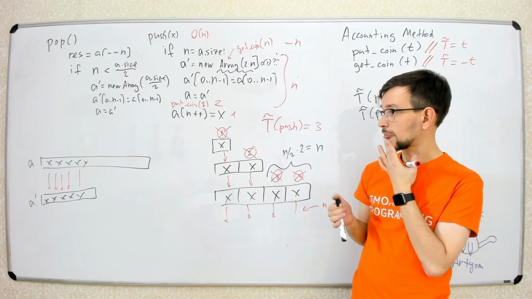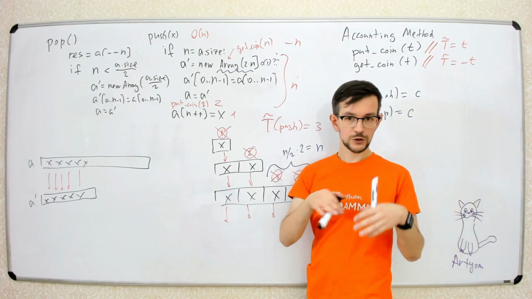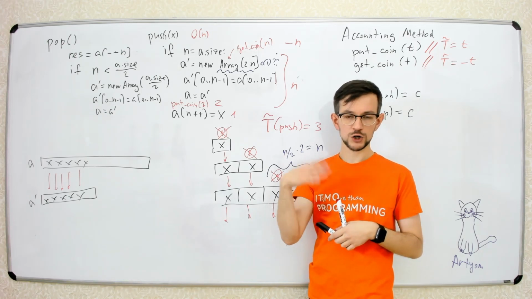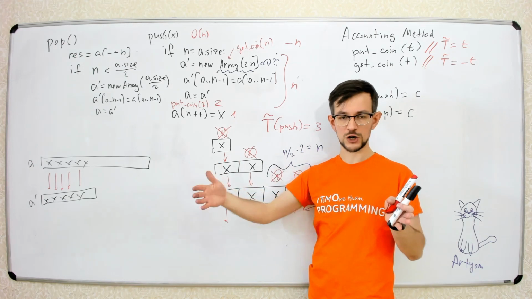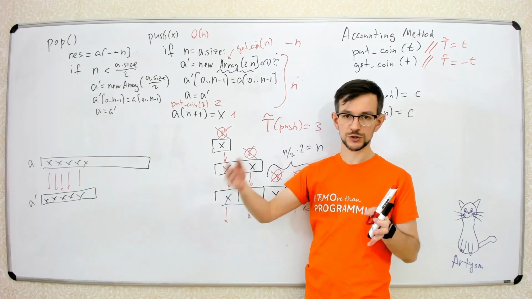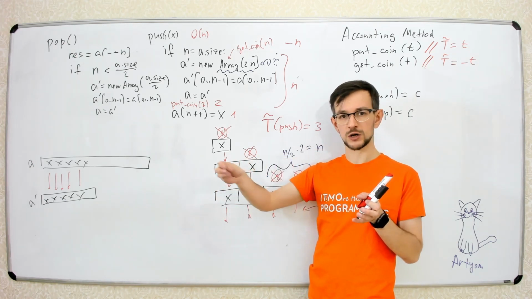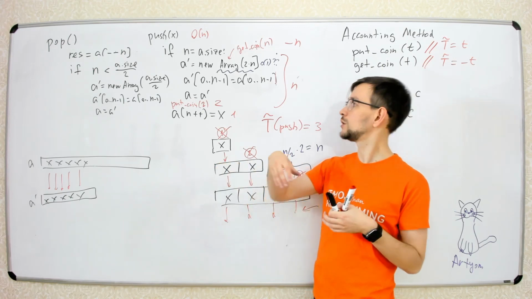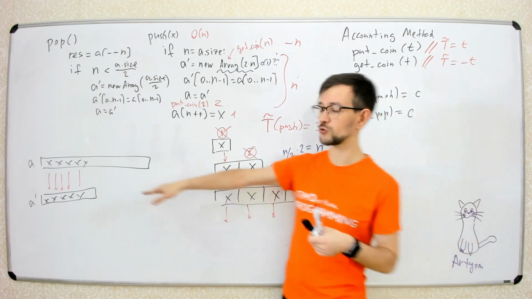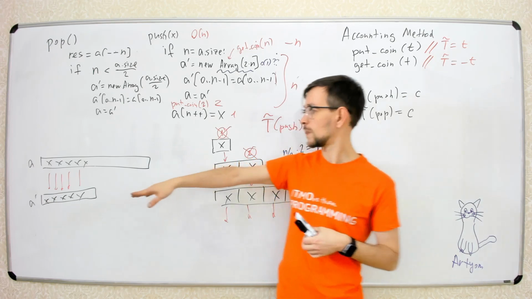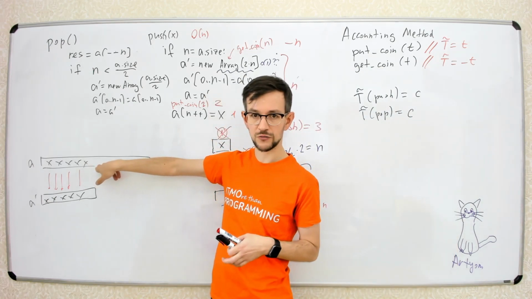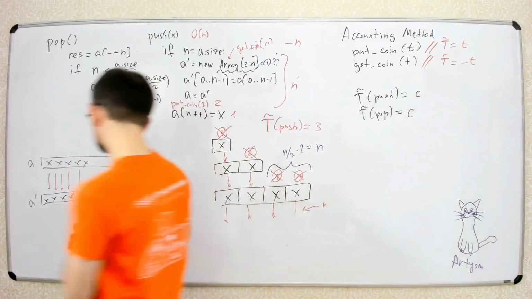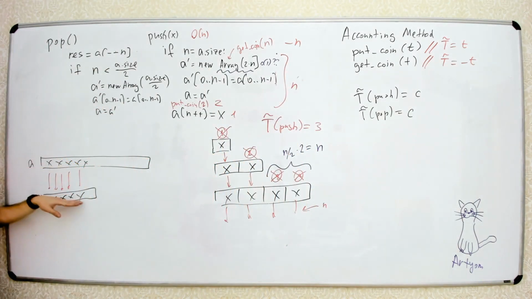Why does it happen? Because you may have a situation when all operations take linear time. So you have a sequence of operations, and each consequent operation needs you either to increase the size of the array or to decrease the size of the array. So if you have the number of elements about the middle of the size of the array, here you take from this array to here.